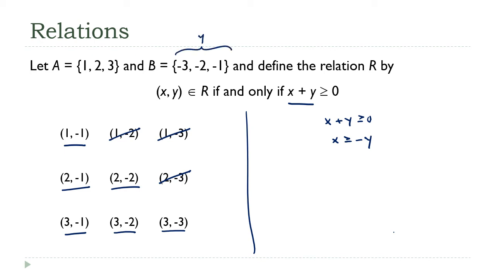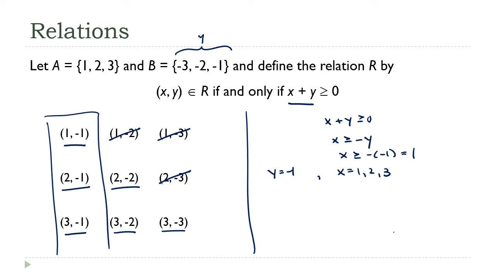So if I pick -1, then my x values have to be greater than or equal to -1, which is +1. So that's going to be all 3 of them. So y equals -1 will get paired with 1, 2, and 3. And you see that is exactly what happened here in this first column.